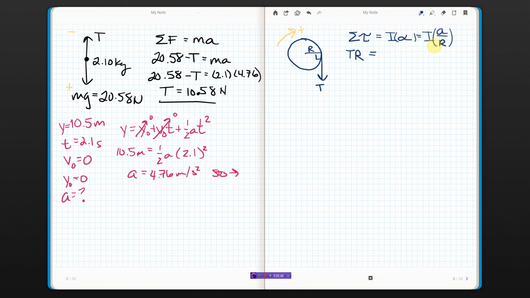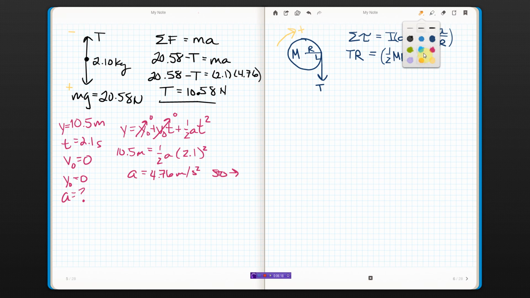Then I've got I. Well, the I for a cylinder is 1/2 Mr squared, using a capital M here where capital M is the pulley, not the bucket. The bucket was a lowercase m. And then I've got a over r. Right away I've got some stuff I can cancel. For instance, this r on the bottom cancels one of the r's on top, so that's going to get rid of my square.